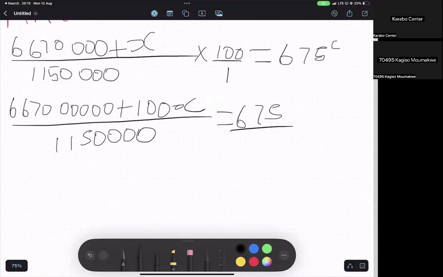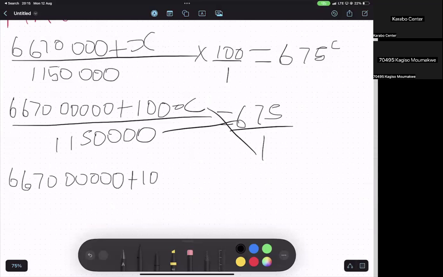Then you cross multiply, and you say 6,670,000 plus 100X is equal to 7,762,500,000.